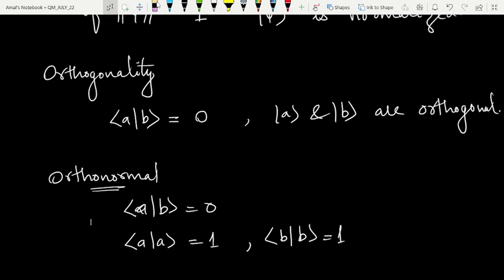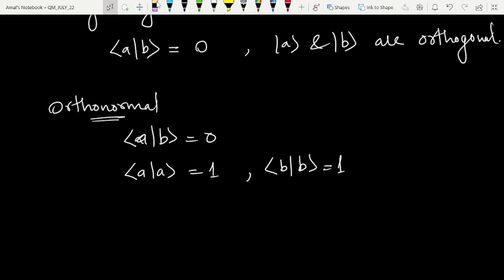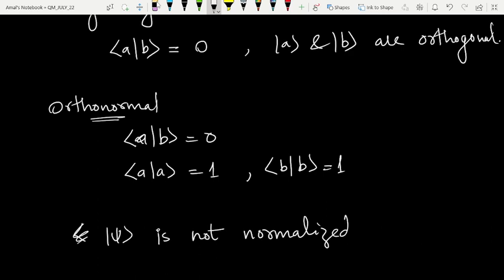If a vector psi is not normalized, we can normalize it.